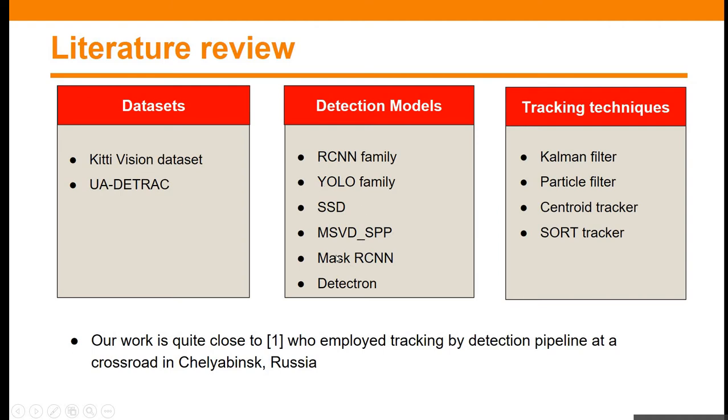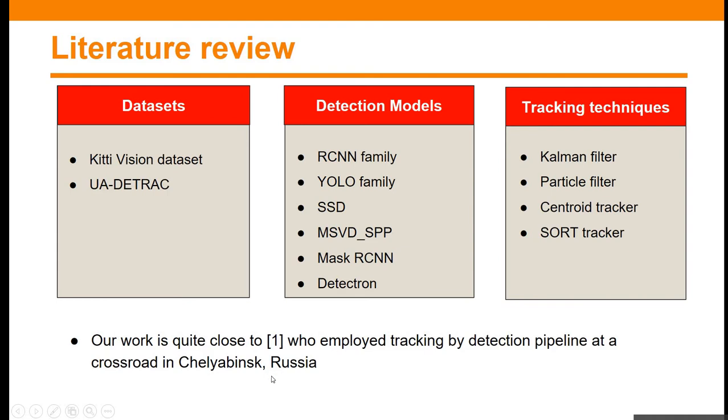But YOLO v3 and mask RCNN benchmark have been found to be very good in terms of accuracy as well as speed. In case of tracking, we have several options like Kalman filter, particle filter, and SORT tracker, etc. But most commonly the SORT tracker is used nowadays because it is fast and very accurate as well.